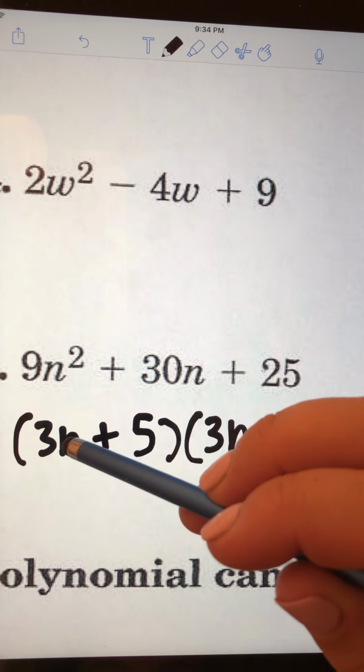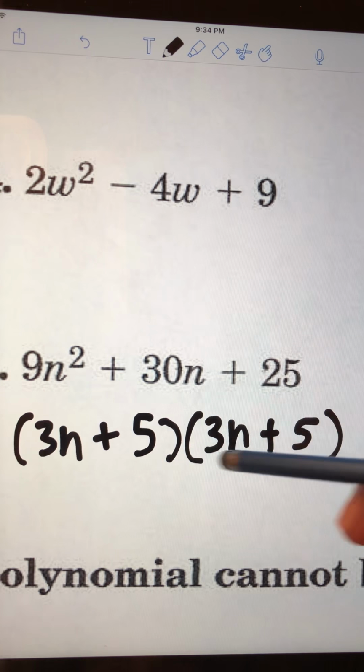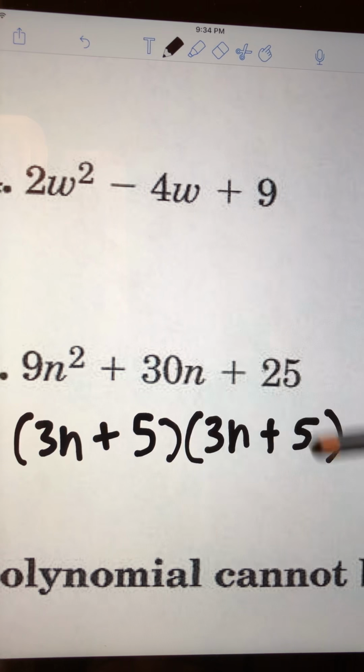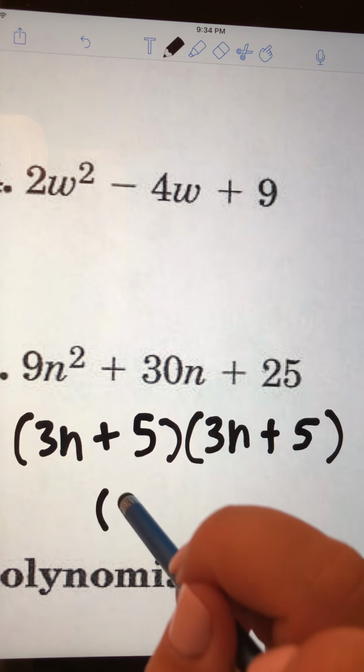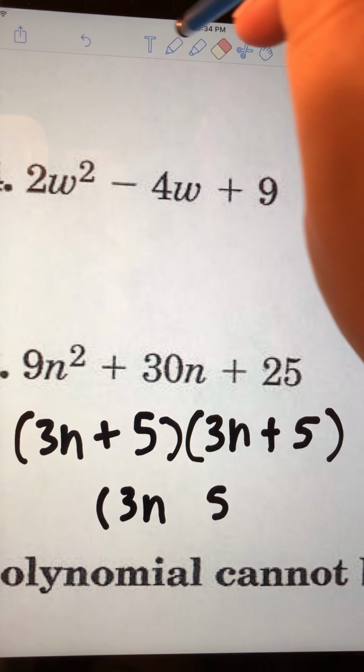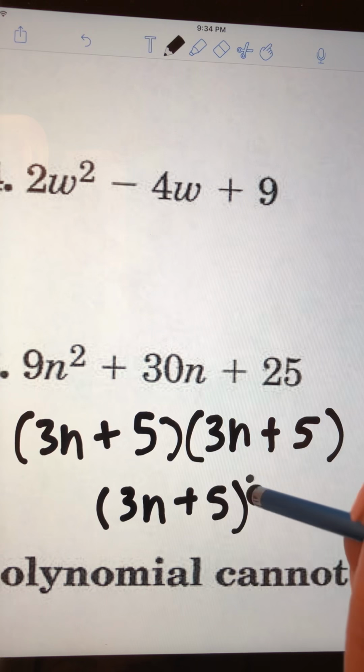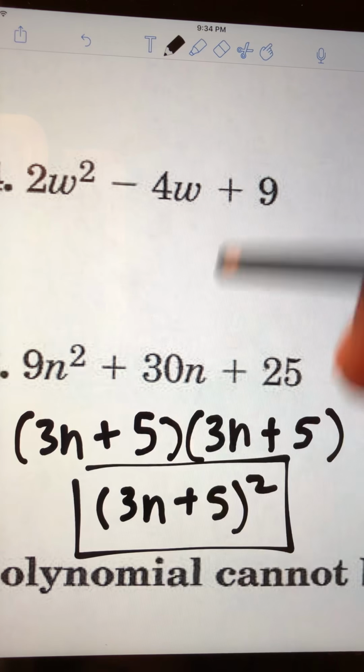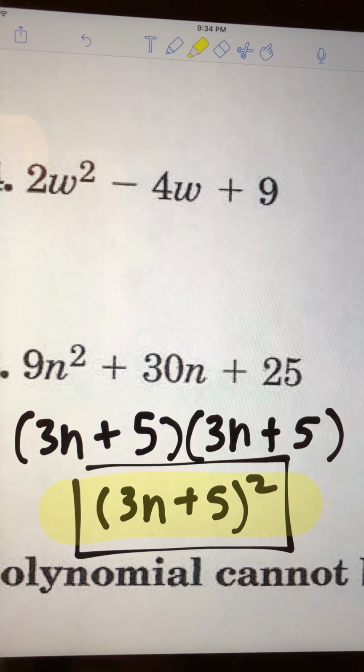So if we add these together, 3n times 5 is 15, 5 times 3n is 15, which makes 30. So that actually works out. So we rewrite this as 3n plus 5 squared. And obviously box it, highlight it. That's a perfect square.